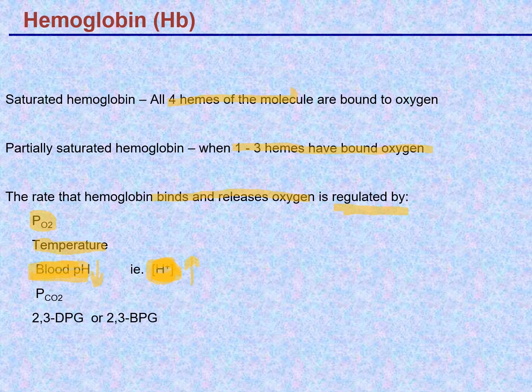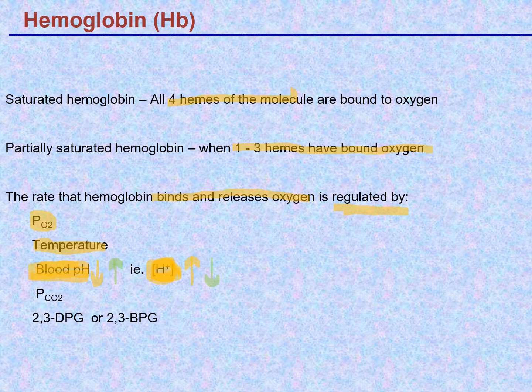And similarly, as blood hydrogen ion concentration drops, pH rises. I'm not going to talk about it in terms of pH. I'm going to talk about it in terms of hydrogen ion concentration. I think it simplifies things.